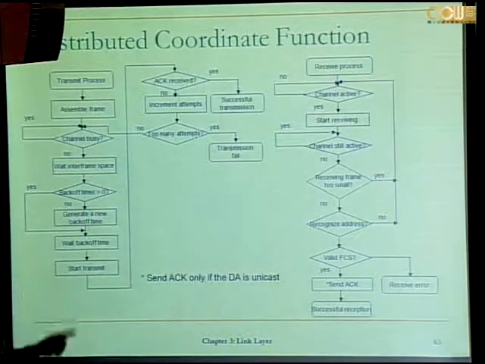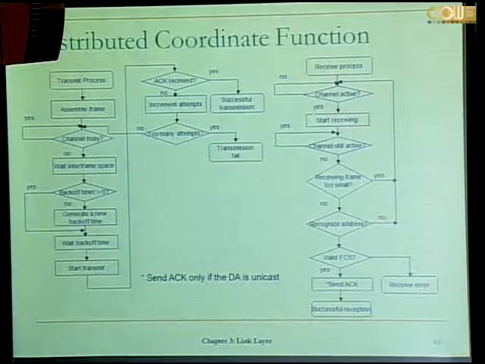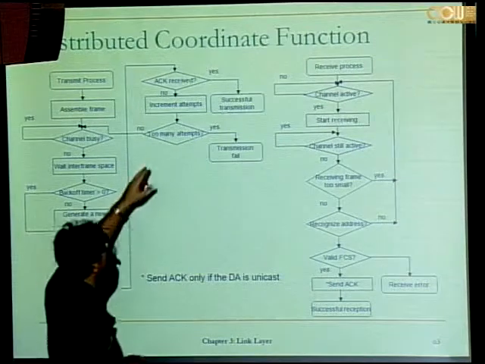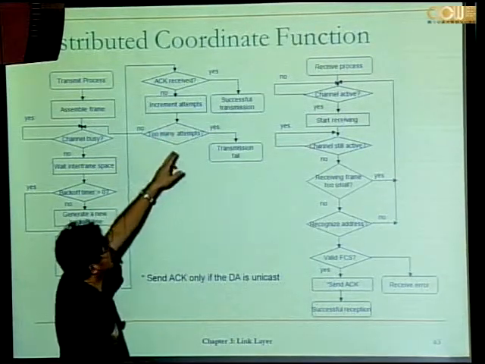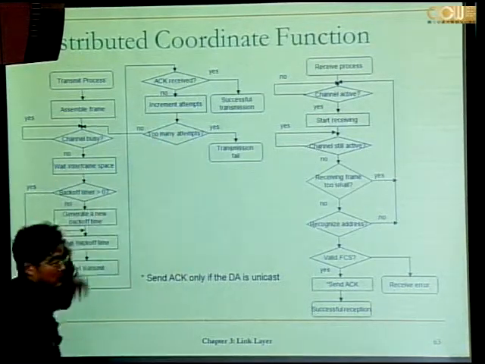There's a specified period of time in which you should receive the acknowledgement. If you receive the acknowledgement, then it's a successful transmission. If not, then you increase the attempts counter, and then check if it's not too many times, then you retry.